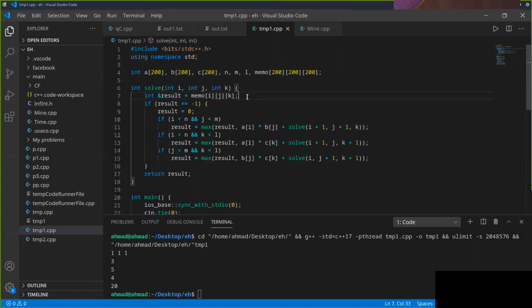So yes, I should increase one to the size of each array.